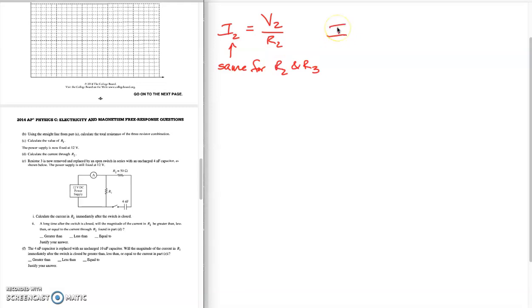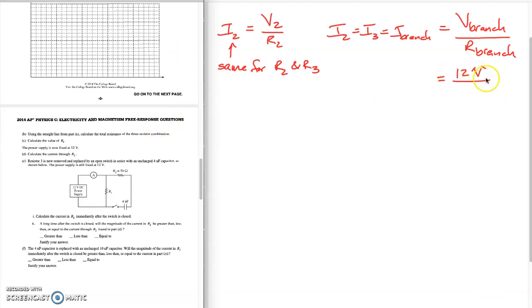So I2 equals I3 equals I in that branch is going to be voltage across that branch divided by the resistance of that branch. Well, the voltage across that branch is going to be 12 volts because one end of that branch is connected to the positive side, and the other end is connected to the negative side of the power supply. And then the resistance of that branch is going to be 100 ohms because we have 50 and 50. So 12 divided by 100, what we get for I2 is going to be 0.12 amps.